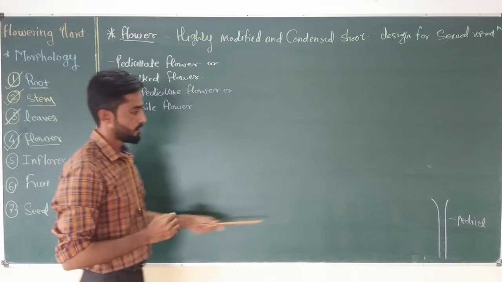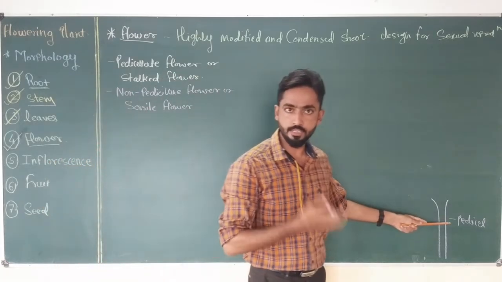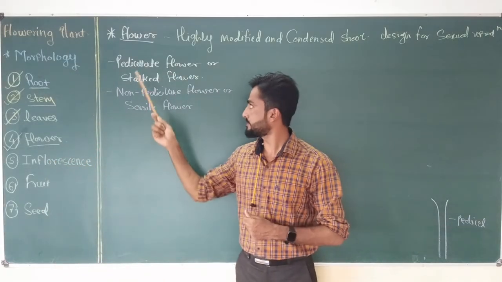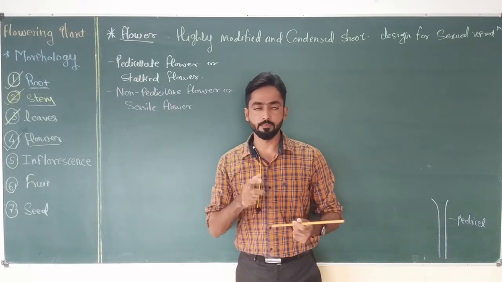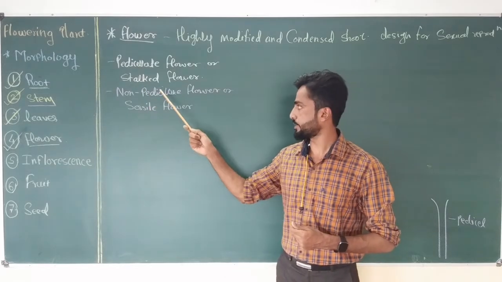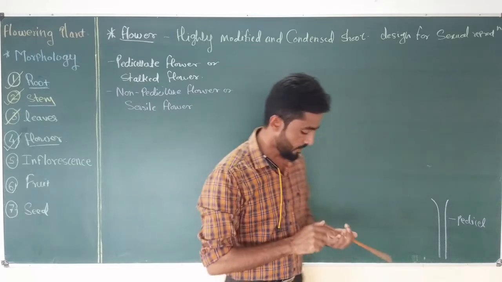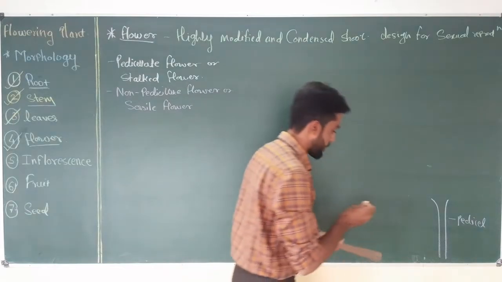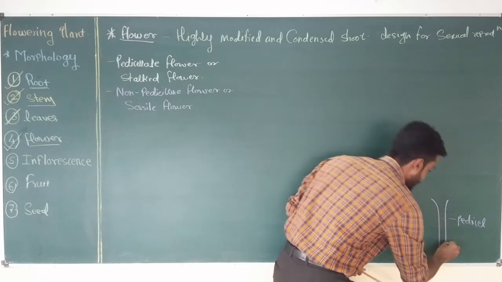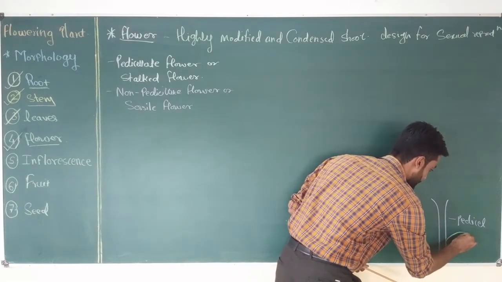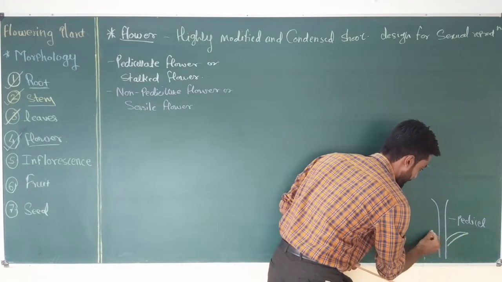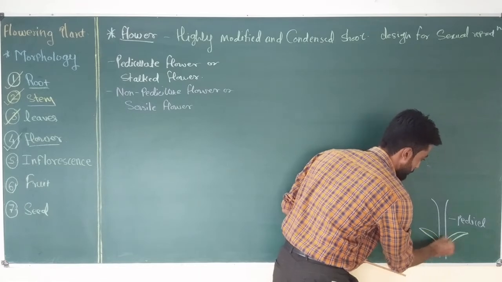That means if the flower stem is present, it is called a pedicellate or stalked flower, and if the pedicel is absent, in that case we call it a non-pedicellate or sessile flower. Sometimes you may observe a leaf-like structure attached to the pedicel.